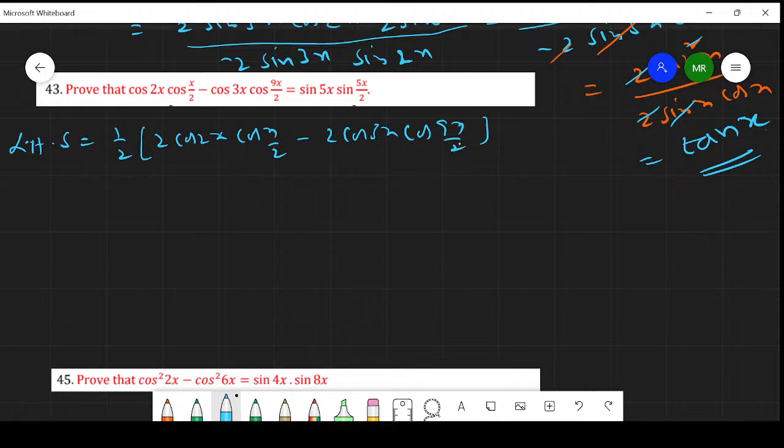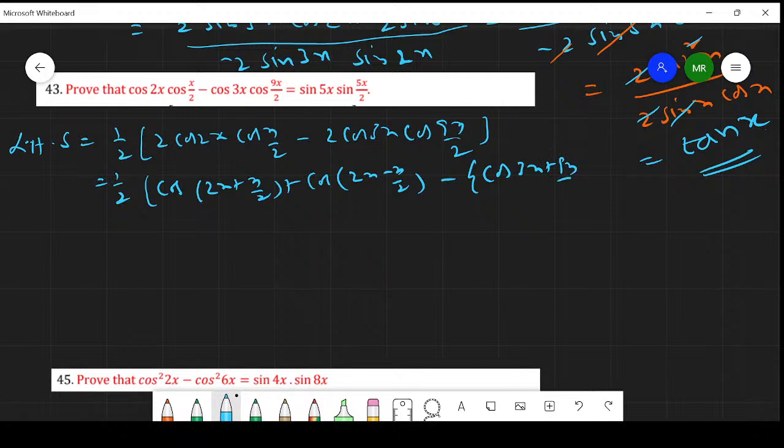Multiply 2 inside, divide by 1/2. Now 2 cos A cos B becomes cos of A plus B plus cos of A minus B: cos of 2x plus x/2 plus cos of 2x minus x/2, minus, again 2 cos A cos B, cos of 3x plus 9x/2.